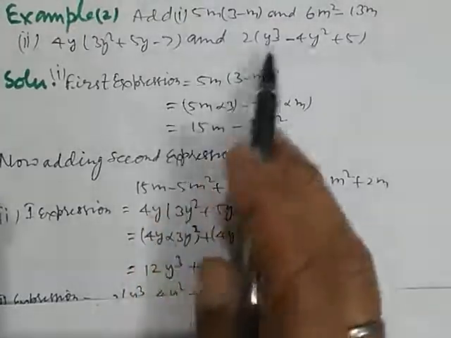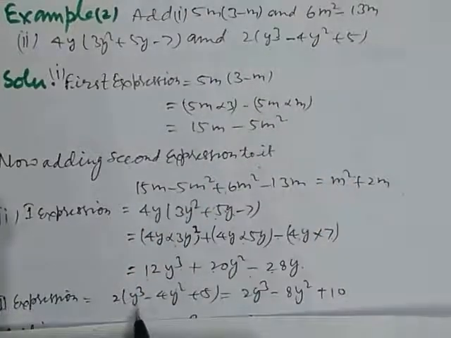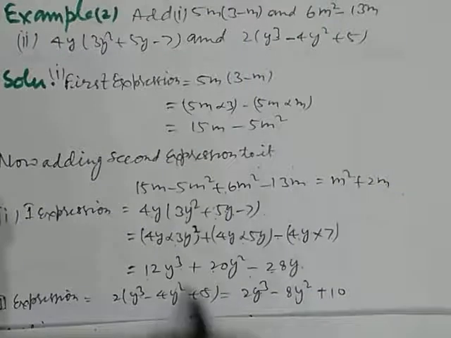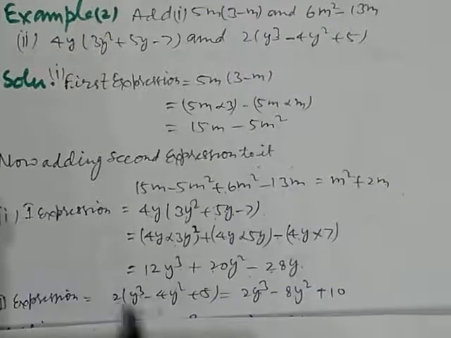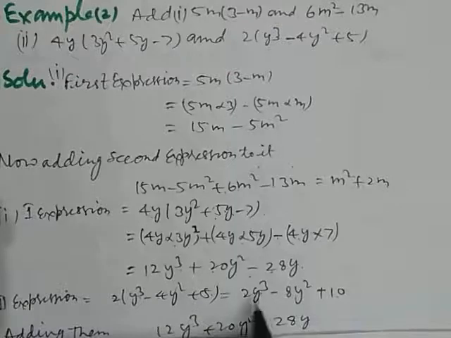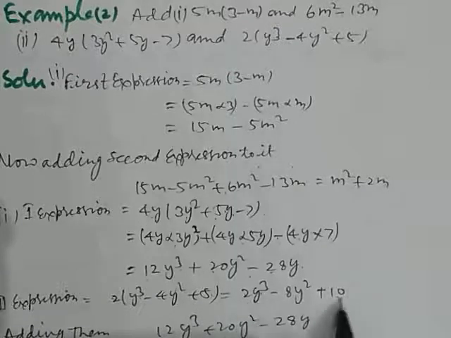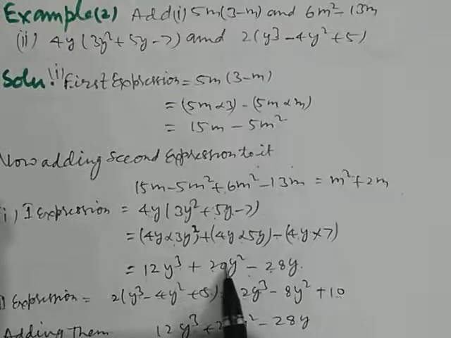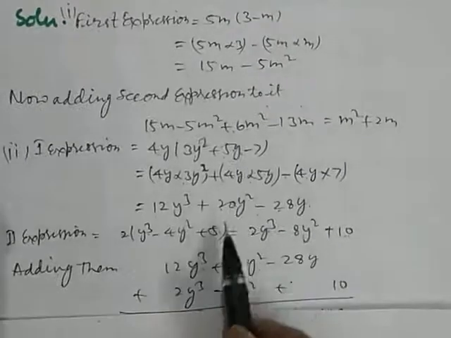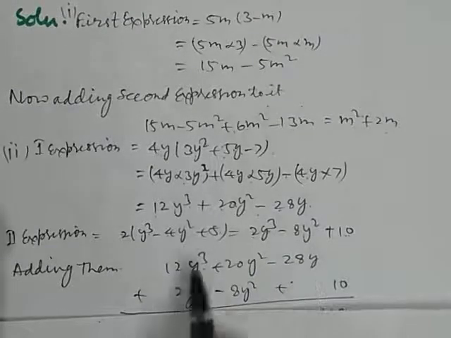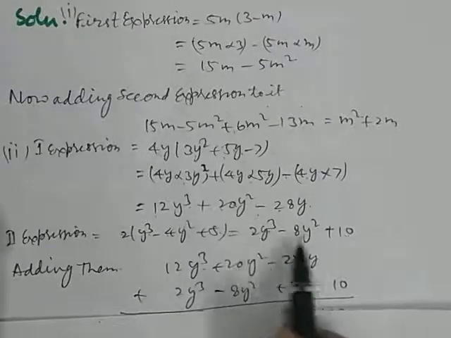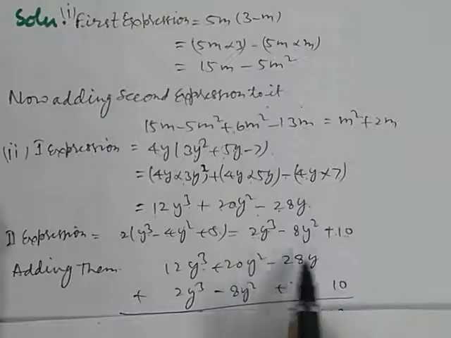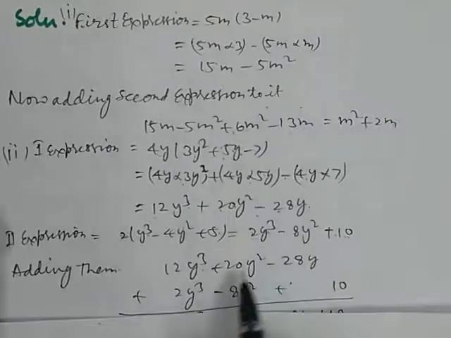Now solve the second expression. This is our second expression. 2 into y cube, 2 into 4y square is minus 8y square, 2 into 5, 10. So this is our second expression. Adding them, first we write this first expression here, and then we place the second expression according to suitable terms.